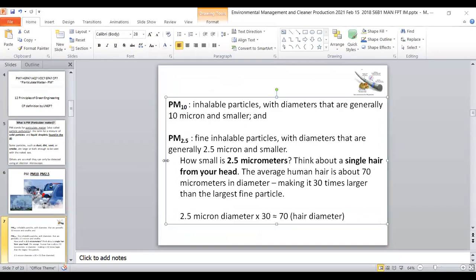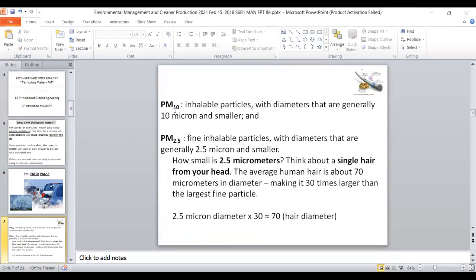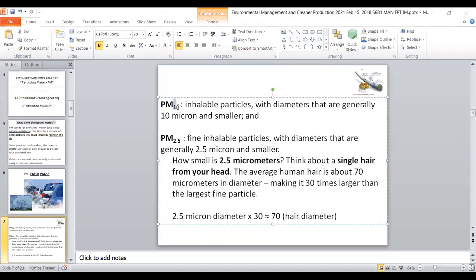PM 2.5 are much smaller than PM10. 10 stands for this particle diameter, and 2.5 stands for this particle diameter. 10 means 10 micron and smaller particle sizes. 2.5 means 2.5 microns and smaller particles.